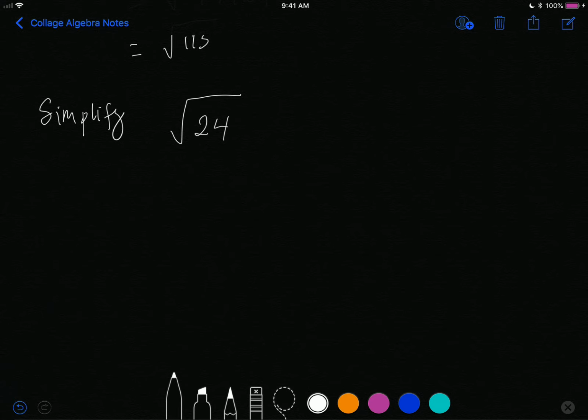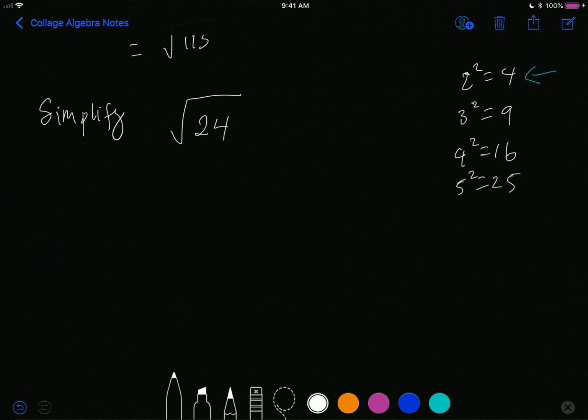What you must do is first find the largest perfect square that divides into 24. Well, I can skip 1. 2 squared is 4. 3 squared is 9. 4 squared is 16. 5 squared is 25. And the largest of these numbers that divides into 24 is the number 4.